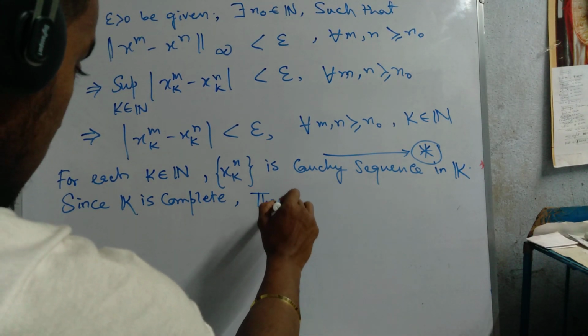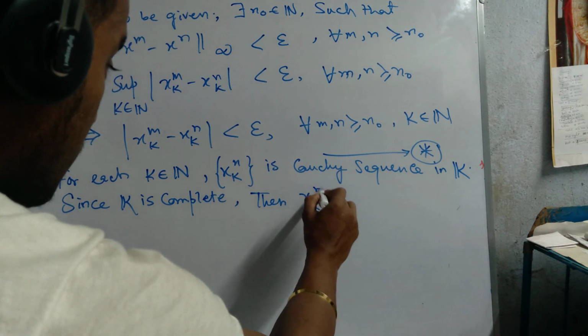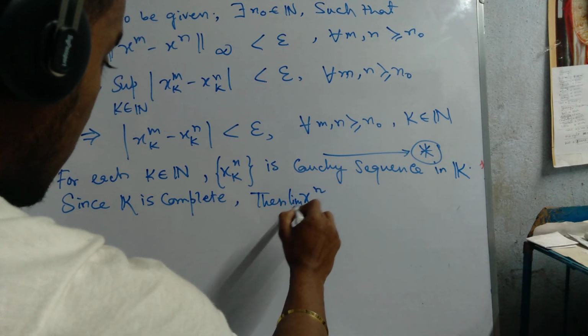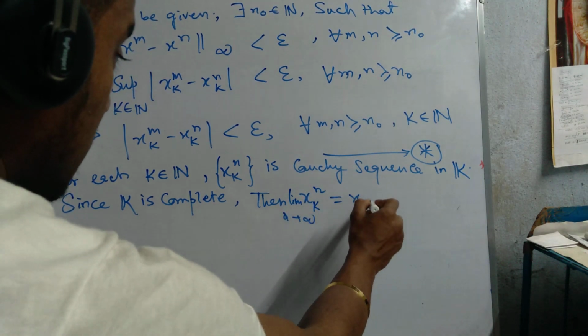Then xk to the power n, limit n tending to infinity, equals xk.